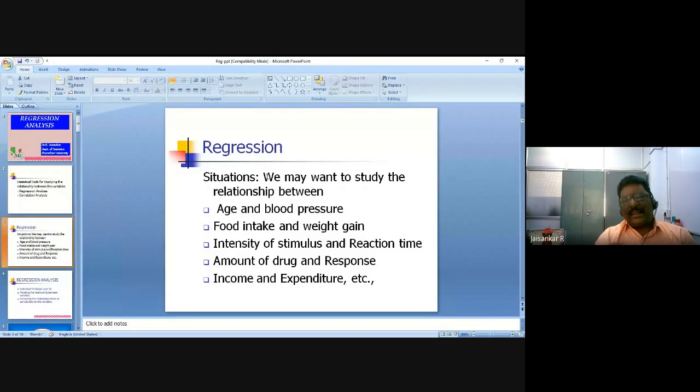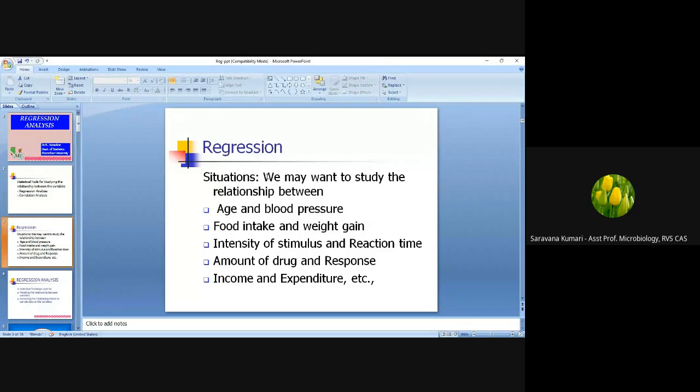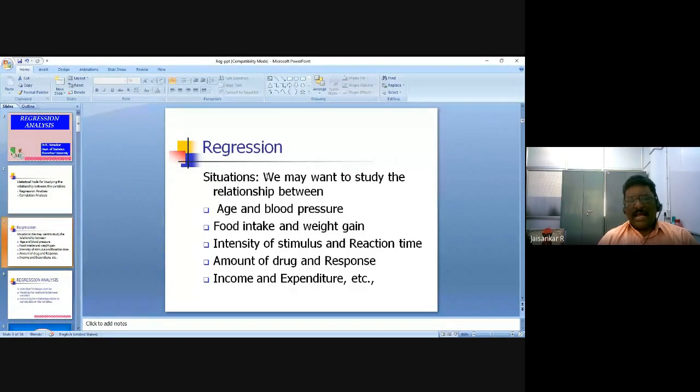If X and Y are related, the relationship can be assessed by correlation. But what kind of relationship? X is equal to Y square, or Y is equal to X square, or Y is equal to log X, or Y is equal to A plus BX. Such kinds of relationship can be assessed only by means of regression.